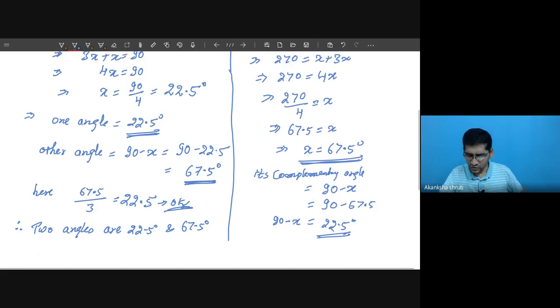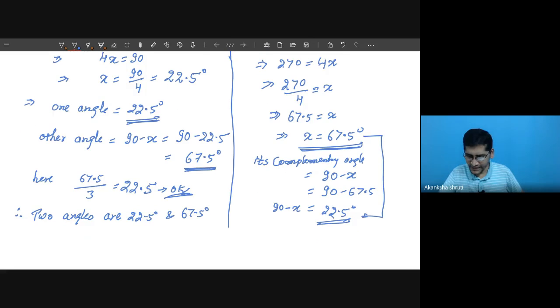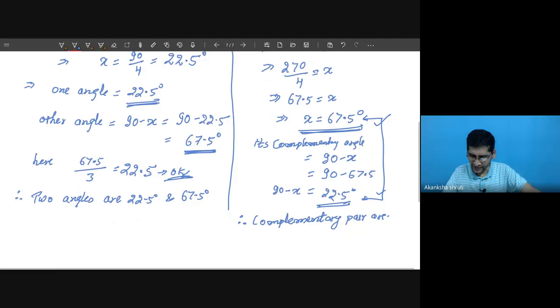So these two values that we are obtaining are complementary to each other. Therefore, the complementary pair is 67.5 degrees, comma, 22.5 degrees. You are free to write any of these as the first one or second one.